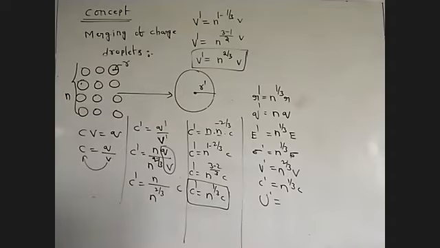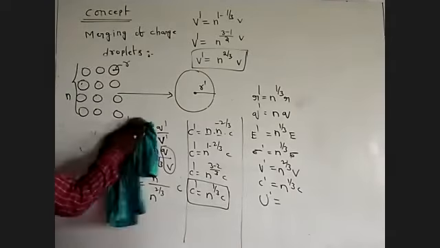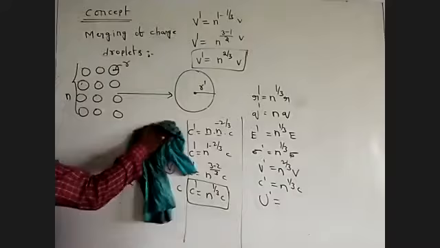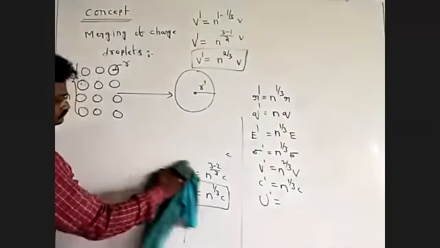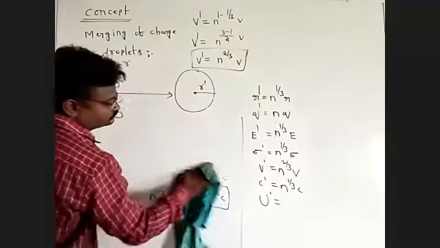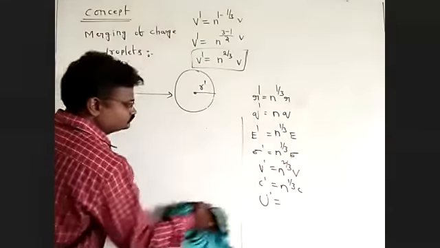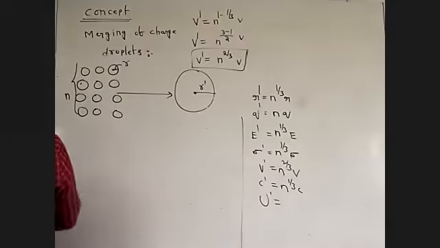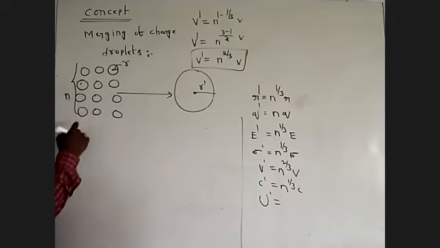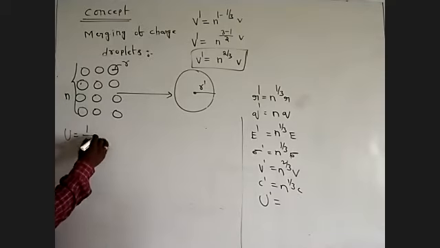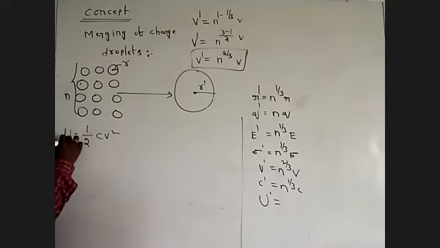So what type of energy do we have? We have to check it. Energy means half CV square.